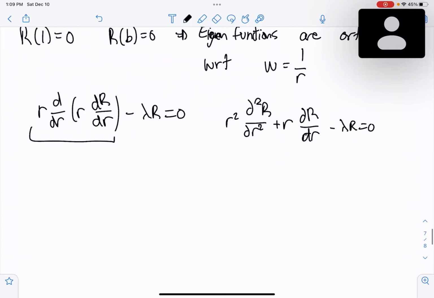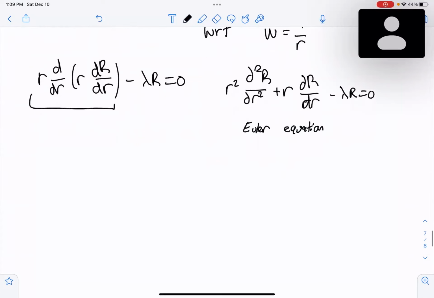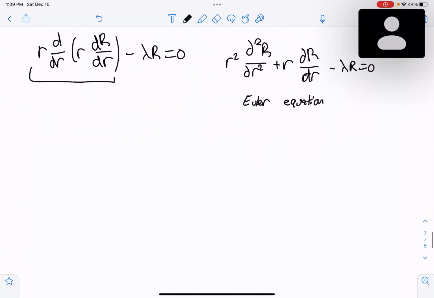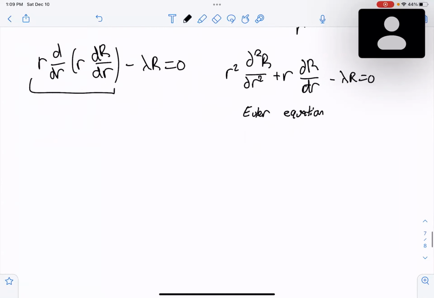And so this is actually an Euler equation, which is another important equation that you kind of need to know how to solve. This is essentially from ODEs, so hopefully you recall a bit of that, and it has been applied a couple times throughout the course. But anyway, this is solved by just letting R equal r to the k.